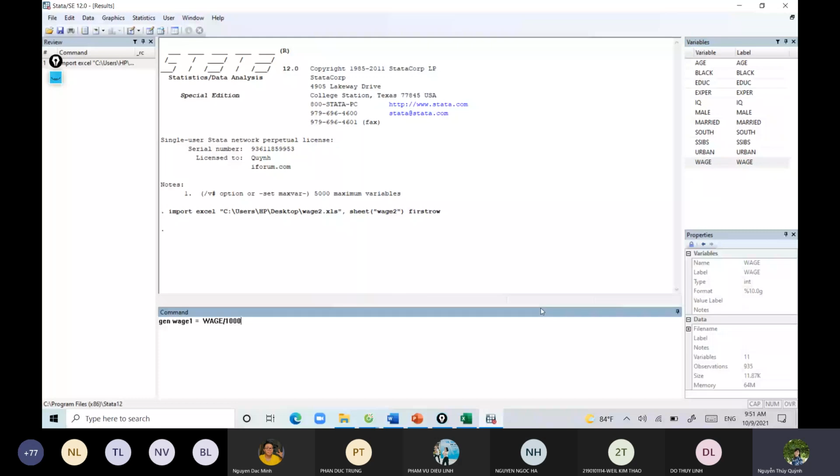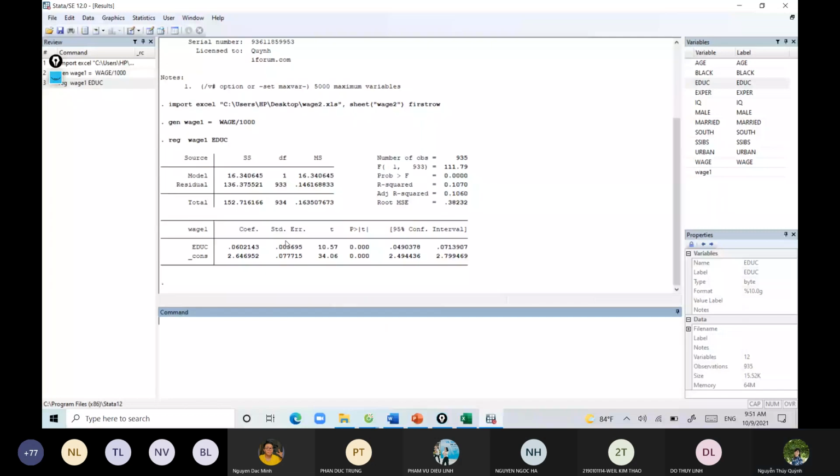Now, simply, I will regress the new dependent variable on the independent variable education. Okay, and then we have this estimated result, the estimation output.